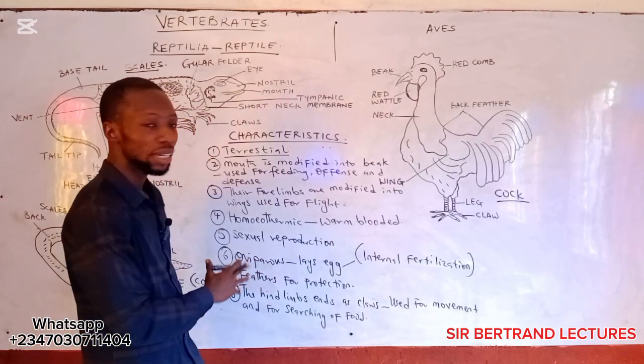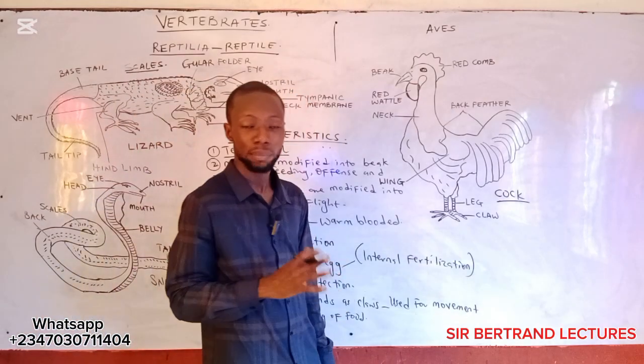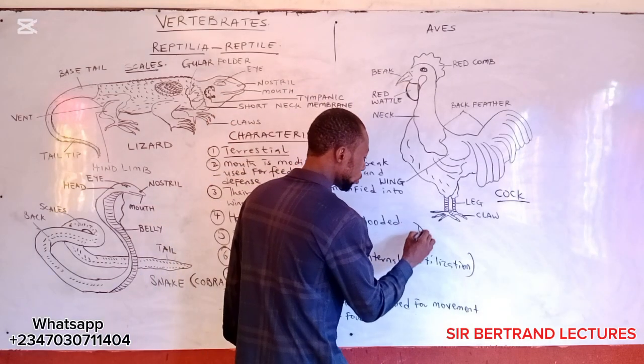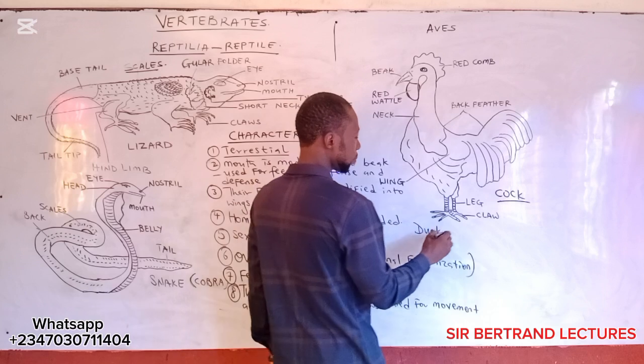Now, what are the examples of Aves? Examples are birds. Something like dove is a typical example.